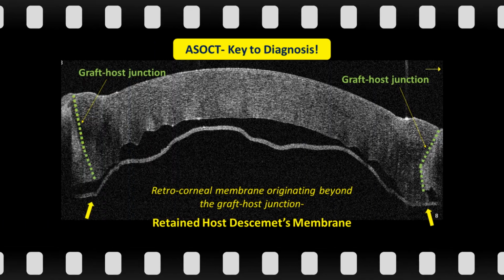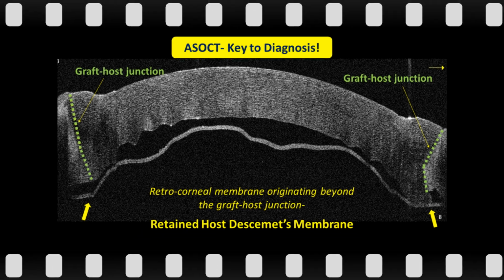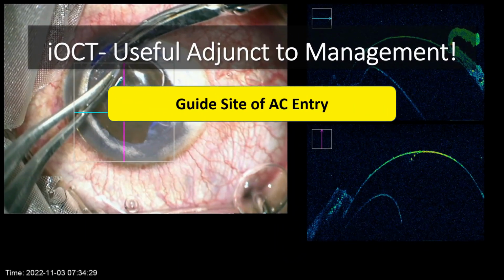ASOCT is the key to diagnosis, as retained host Descemet membrane will typically originate beyond the graft-host junction, and a split in Descemet's and pre-Descemetic layer may also be observed in a case of type 3 big bubble formation and a separation of the pre-Descemetic layer from Descemet membrane.